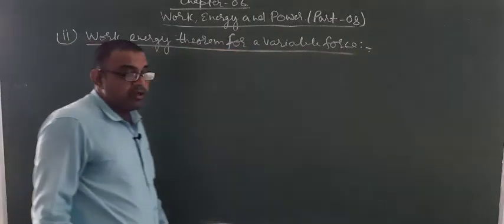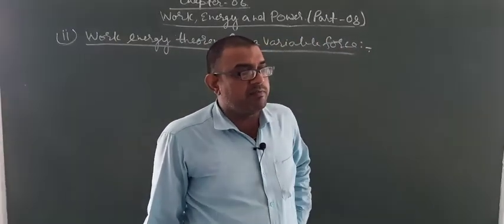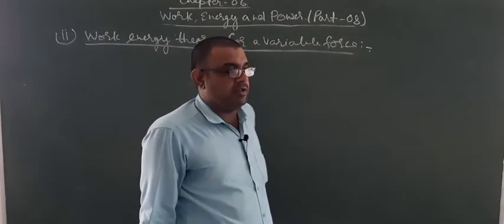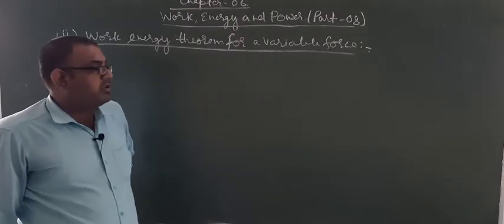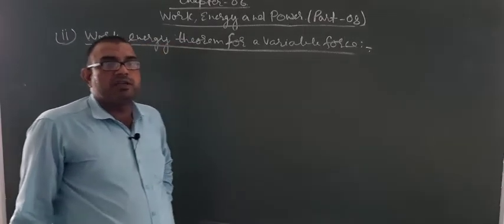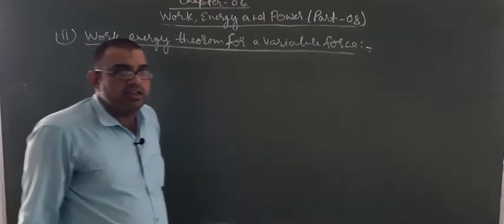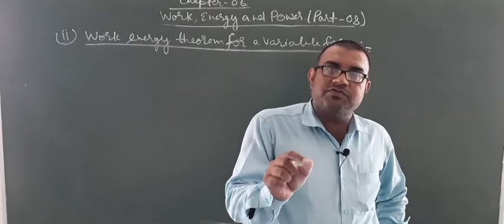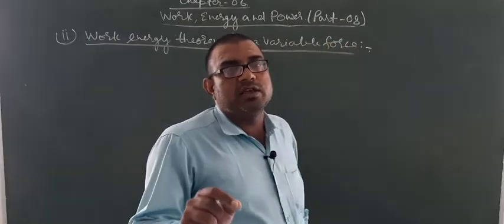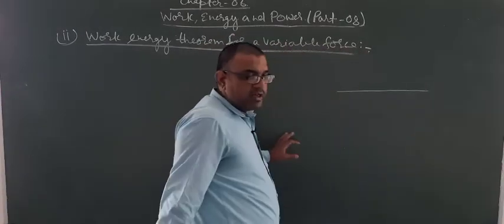It means the force is varying, the force is changing from its initial position to final position. For the body moving from its initial to final position, the force is going to be changed, so the force is of varying nature. So we will consider a small distance ds for which we will consider the force is acting as a constant force.